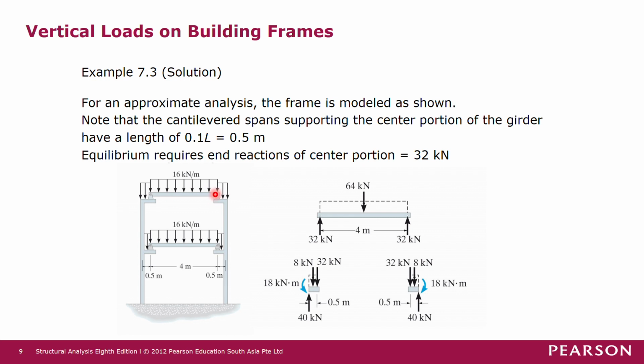Meaning that any reaction that you get from this beam here will become an action on the supporting element. So this is a supporting element, and now we want to draw a free body diagram for this cantilever beam here. So we cut across a section here.